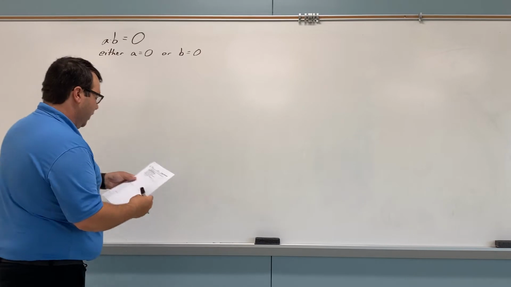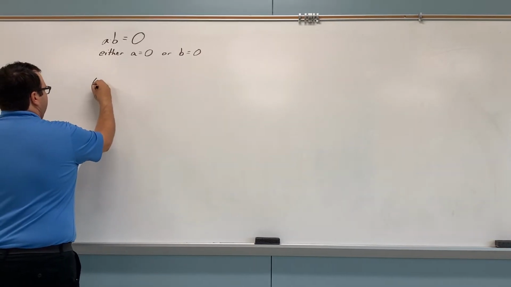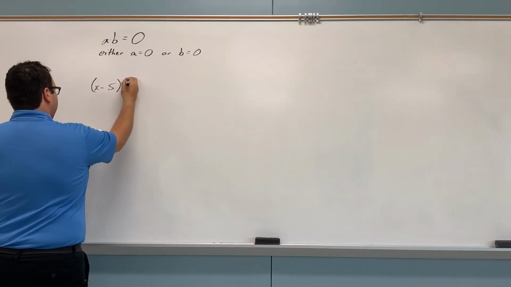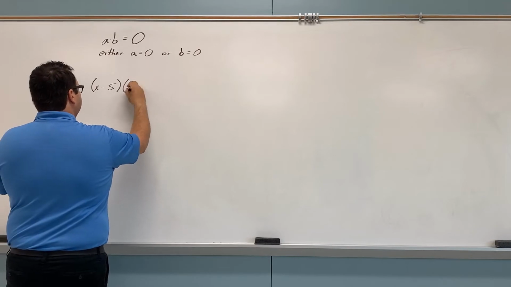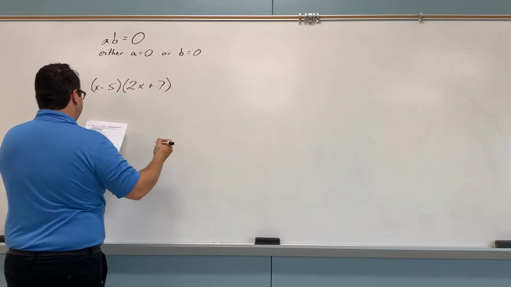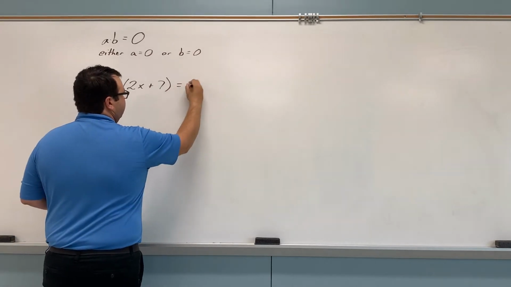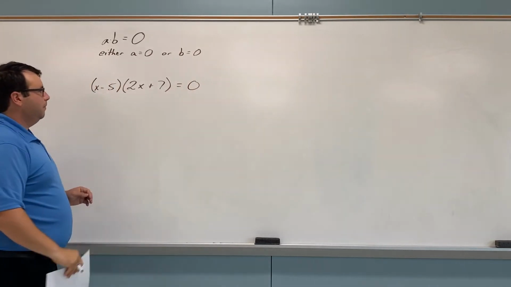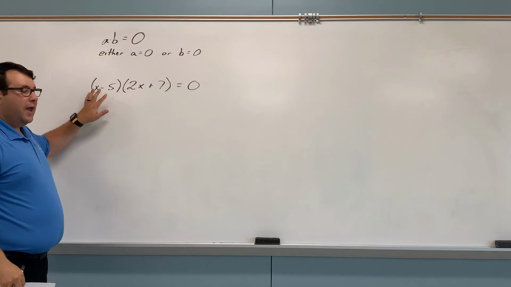Now, if you're working in a problem, you have to go a little bit further with it. So for example, let's say I have x minus 5, our first example on the page, and I'm multiplying against 2x plus 7, and this is equal to 0. Effectively, I have a product.